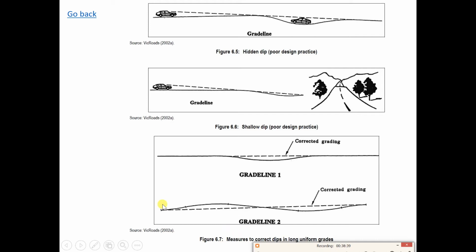This one is a reverse curve as well. So from this car, you can't see the other car. Same thing here, a car can be hidden behind this crest curve. So the correct way should be to cut off this one. Instead of two reverse vertical curves, there should be only one curve. So that's the correct way.